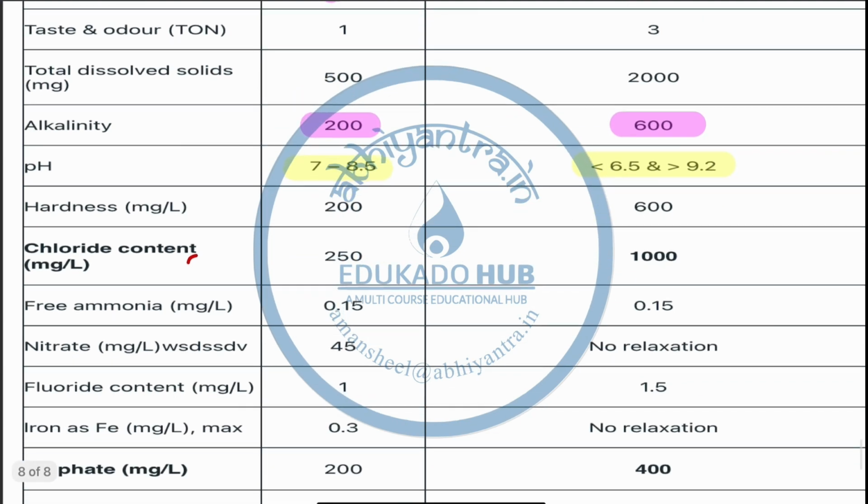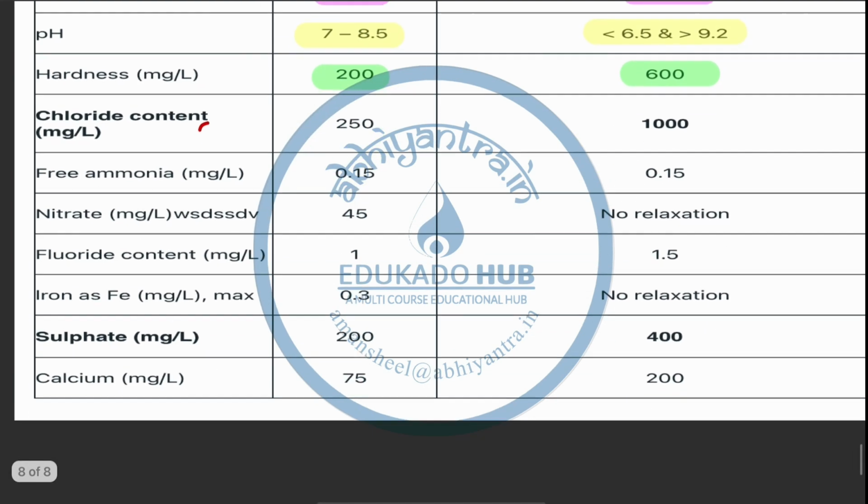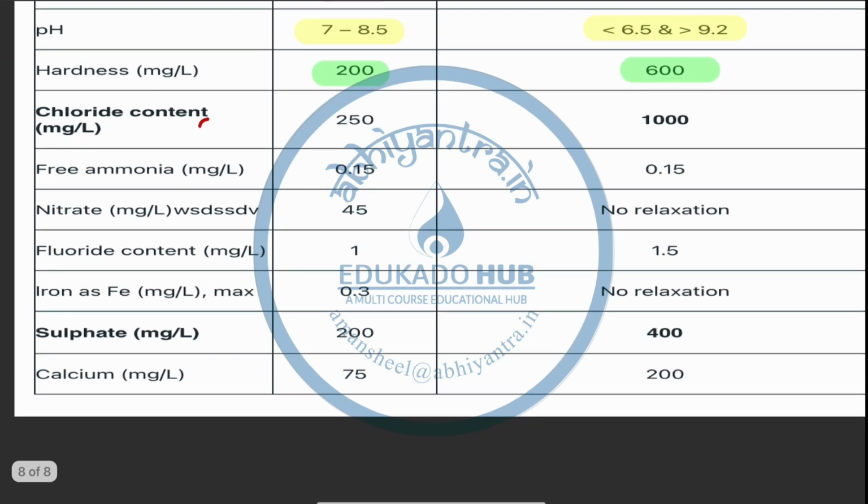Hardness is same as alkalinity, that is 200 and 600. Chloride content, so in this question we are asked about chloride content and sulfate. Chloride content is 250 milligram per liter if it is permissible, and if there is no alternate source we can go up to 1000 as well.